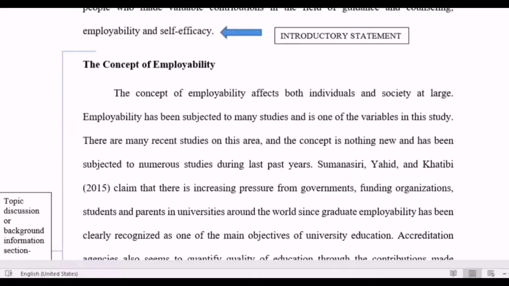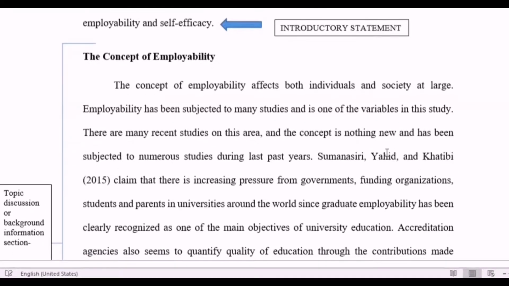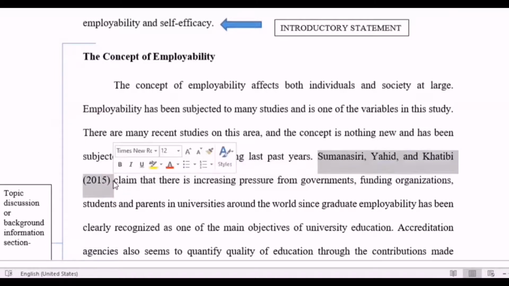Paano niya ba ito ginawa? First is defined it using different literature about the topic, and you can also find here that references are properly cited.